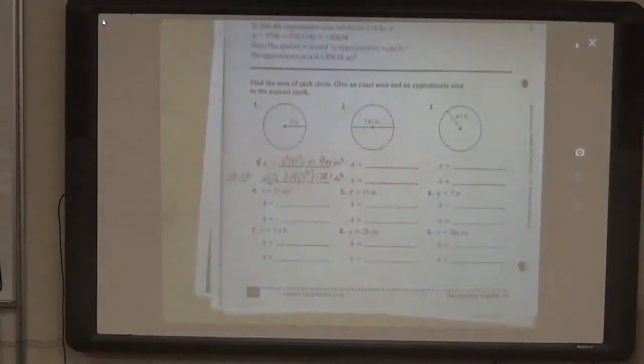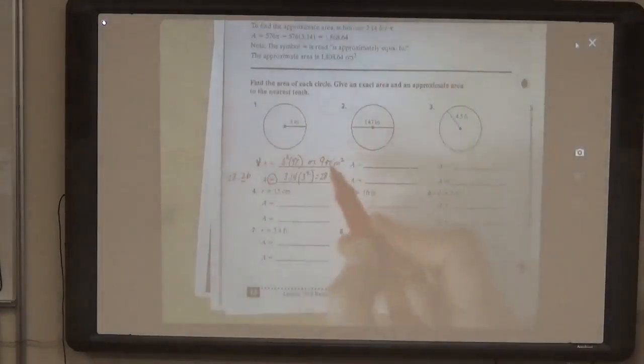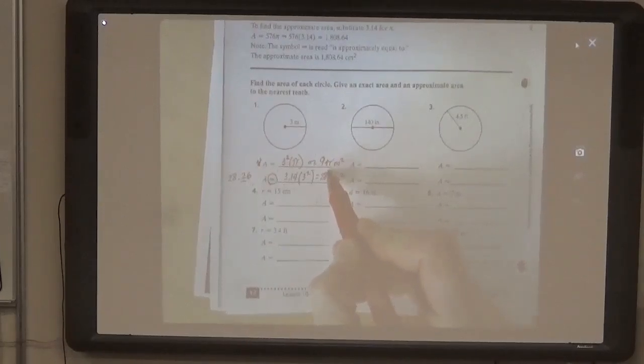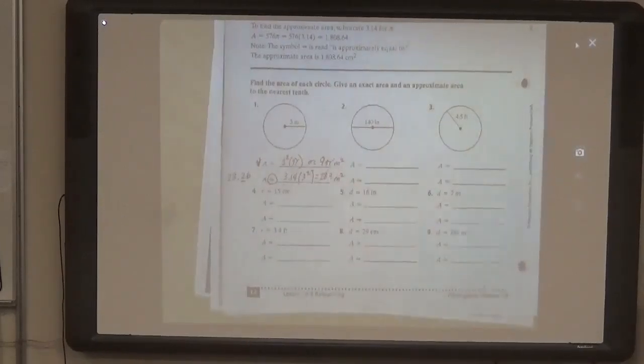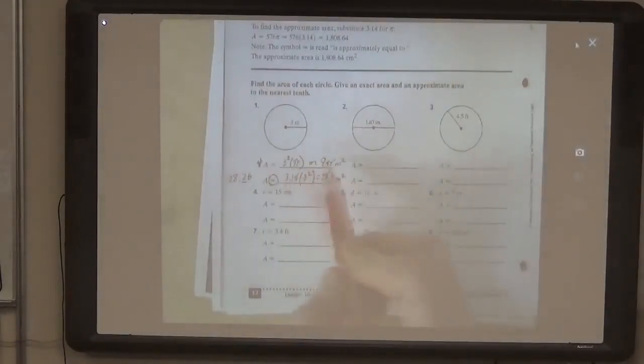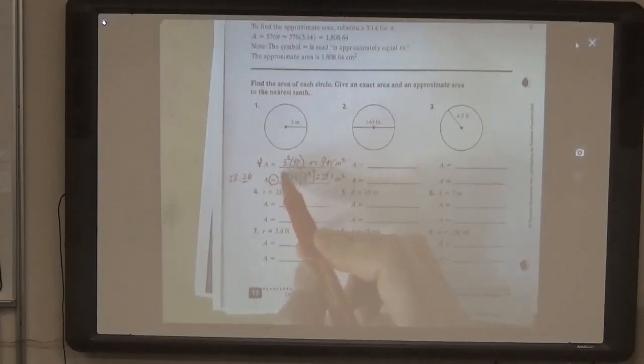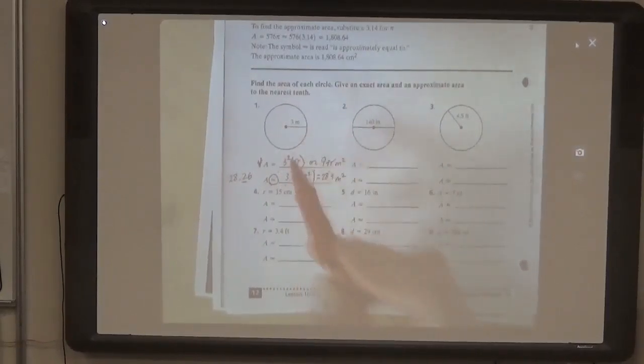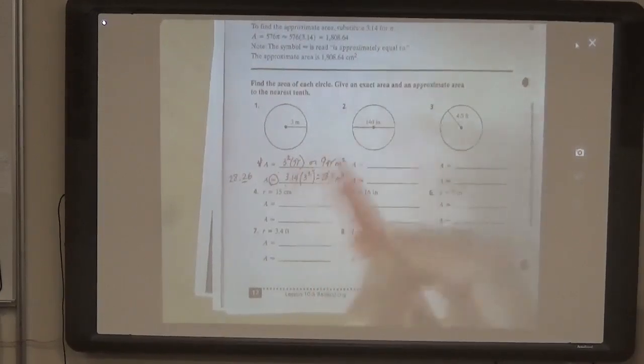Okay? So we have to use that in our answer because we can't use a rounded number in our answer. So then the most accurate we can get is to square the radius, 3 squared, and then instead of multiplying it by 3.14, we just use that in our answer. We use the pi symbol.